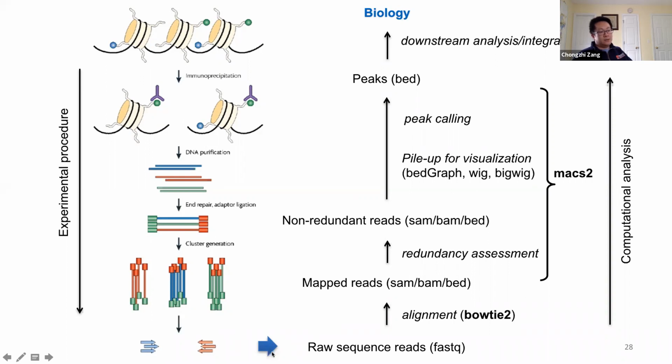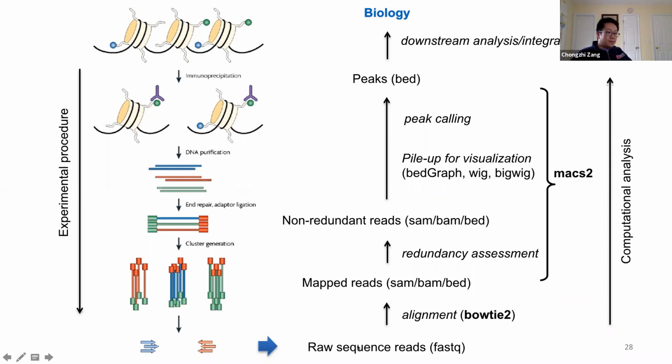And the procedure of data analysis of ChIP-seq data can be regarded as a reverse process from the raw sequences. It's a reverse process of getting back through each step by step. We will get back to the original biology, the original picture in the cell nucleus.